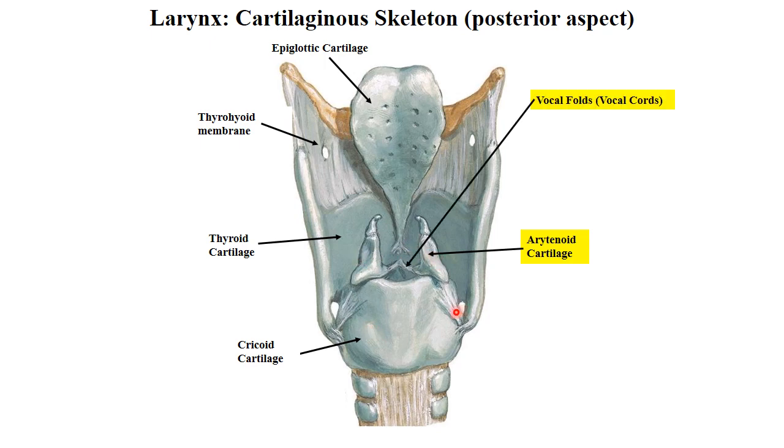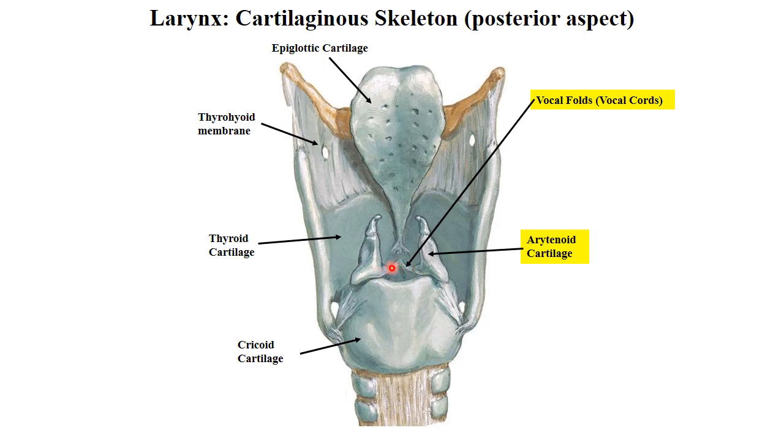And then, right there, you can see, going forward, attached here to this part of the arytenoid cartilage, and then going directly anterior, ultimately attaching to the inside of the thyroid cartilage, these are the vocal cords. If I slap mucosa and a bunch of muscle on top of them, they become vocal folds. Actually, to be really precise, these are called vocal ligaments at this point.